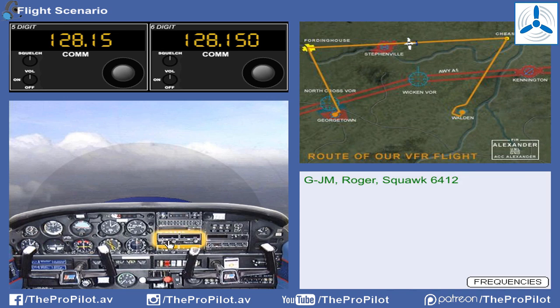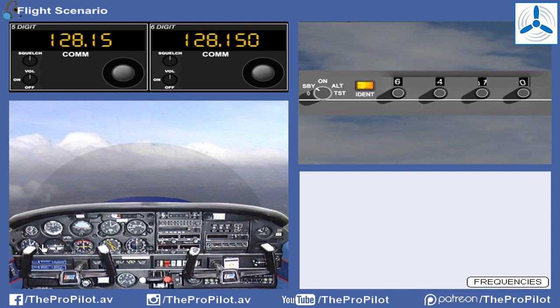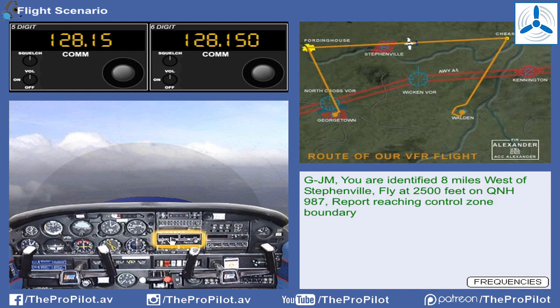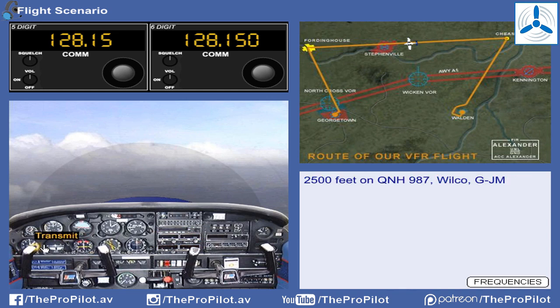Golf Juliet Mike, roger. Squawk 6 FOA 12. Squawking 6 FOA 12, Golf Juliet Mike. Golf Juliet Mike, you are identified 8 miles west of Stephenville. Fly at 2,500 feet on QNH 987. Report reaching control zone boundary. 2,500 feet on QNH 987. Wilco, Golf Juliet Mike. Golf Juliet Mike, traffic 2 o'clock 4 miles, on final approach to runway 26. Traffic in sight, Golf Juliet Mike.